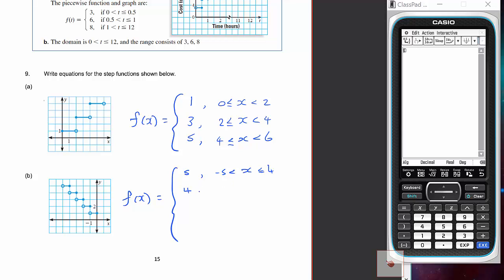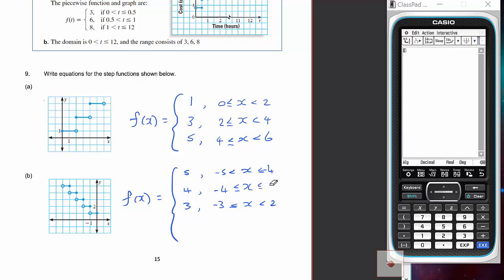It then takes the value 4 for x from, sorry, that's negative 4 to negative 3. Yep.